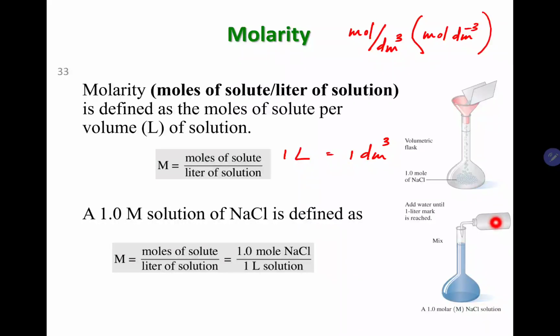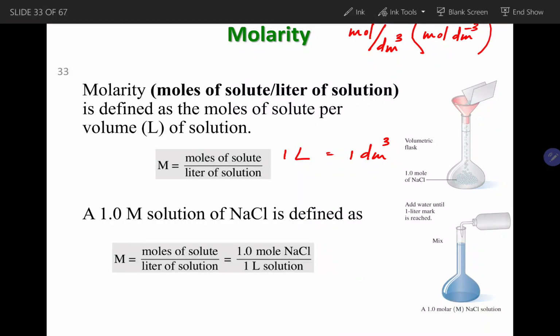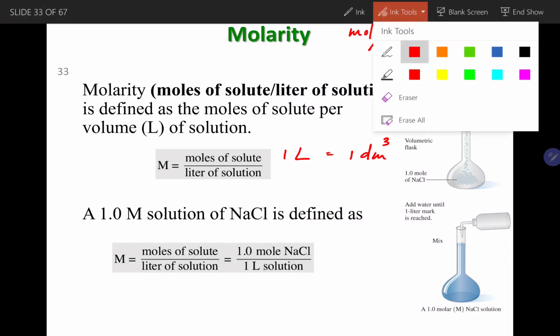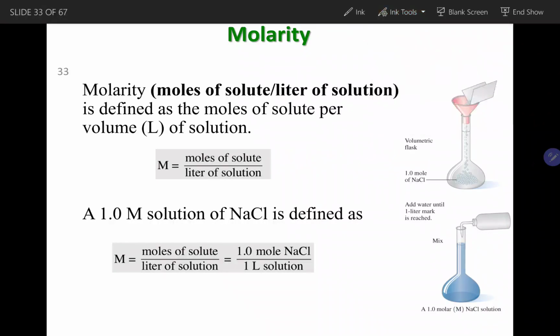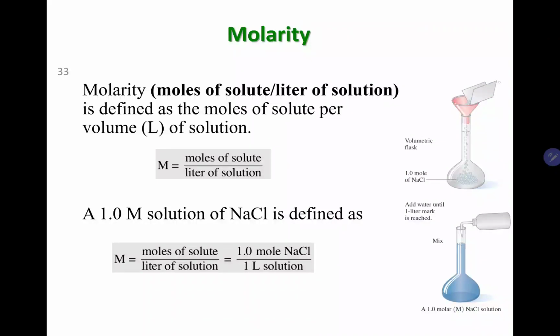All right, so you know the terms now, you know the units. It is either moles per liter or moles per decimeter cubed. Sometimes, rather than calling it moles per liter, you can use an uppercase M. Uppercase M means moles per liter.